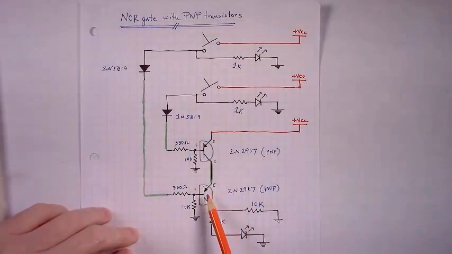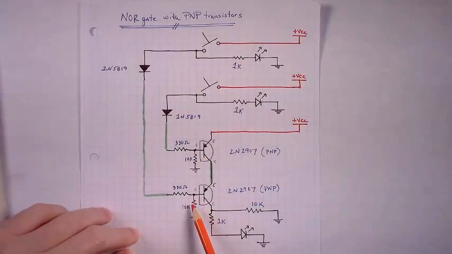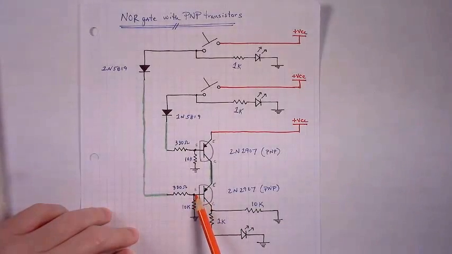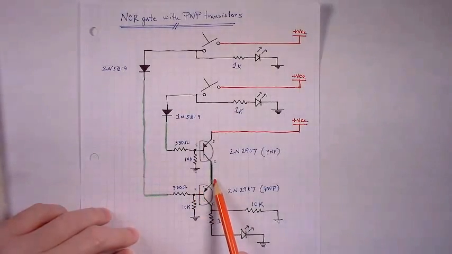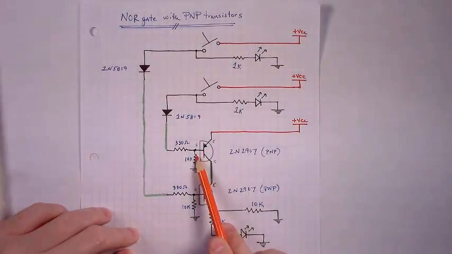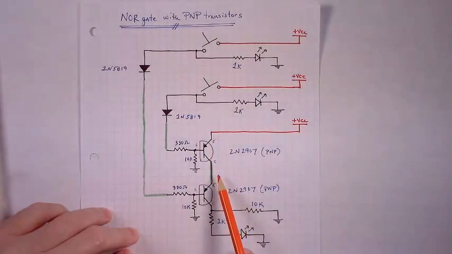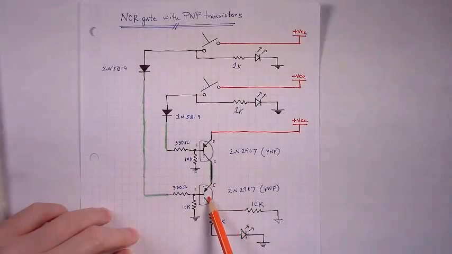But that being said, we have the same scenario with the second PNP as we do with the first, is that the base of it is pulled down 0.7 volts lower than the voltage that will be sitting at its emitter. Well, given that the base of the top PNP is pulled down, that means VCC is traveling across the PNP, it's conducting the top PNP, putting VCC at the emitter of the second one.